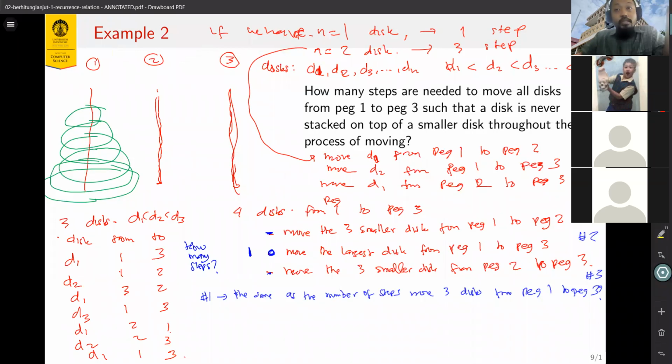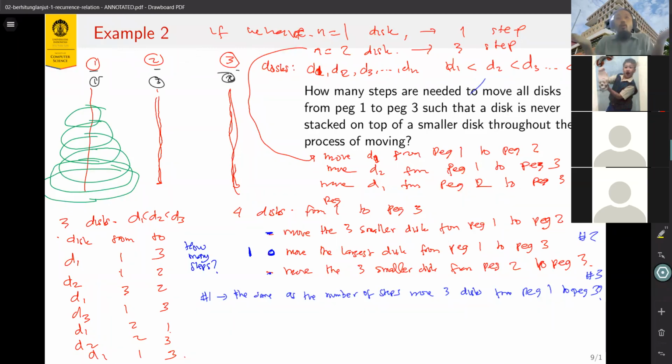Now, moving 3 smaller disks is also the same, right? Why? Because here it doesn't matter which numbers we have actually. Instead of peg 1, peg 2, and peg 3, I could say this is peg 1, this is peg 2, and this is peg 3. The same thing, right?